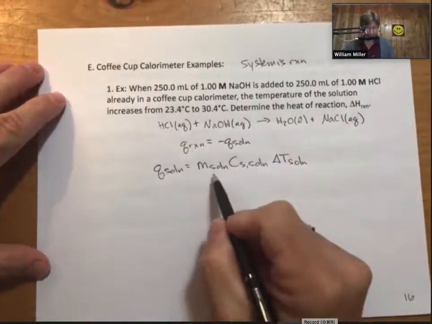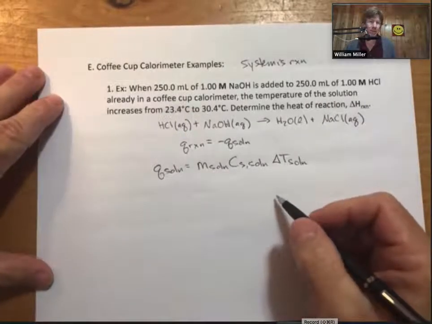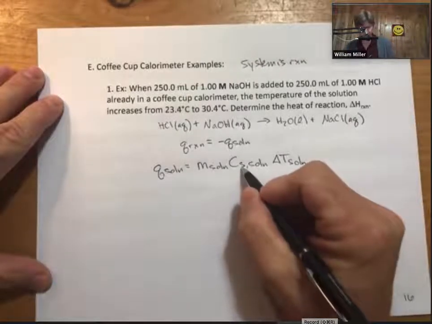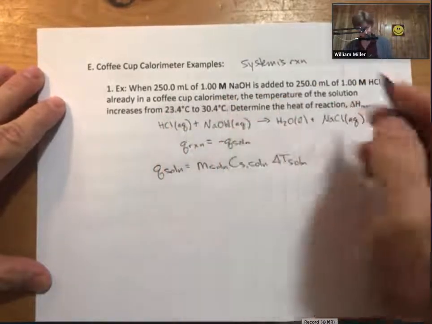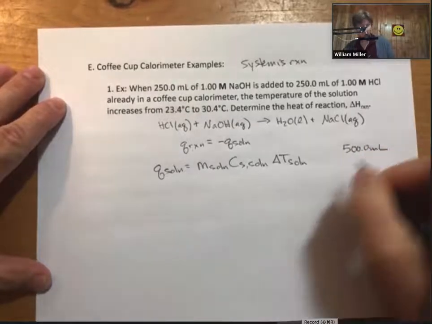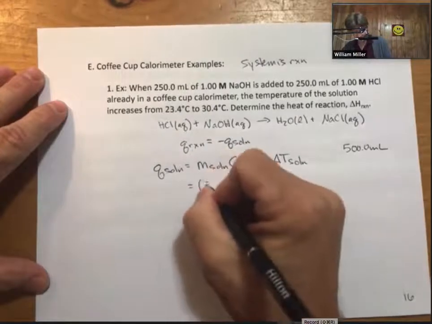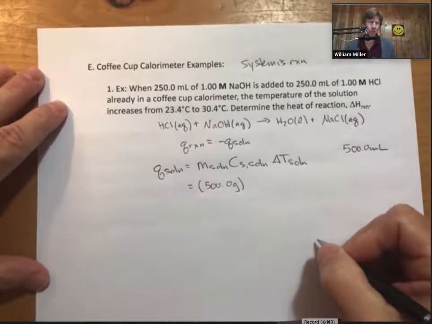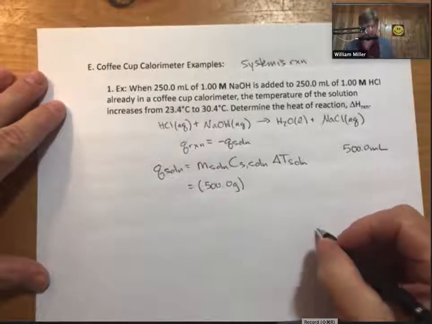We've got mass of solution, and the specific heat capacity of solution are going to be the same as if it was for water. So we can say the mass of the solution for a total of 500 milliliters means that we're going to have 500.0 grams, assuming the density of the solution is the same as that of water, which is a good approximation.